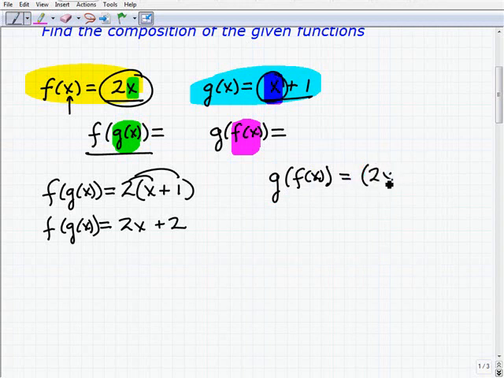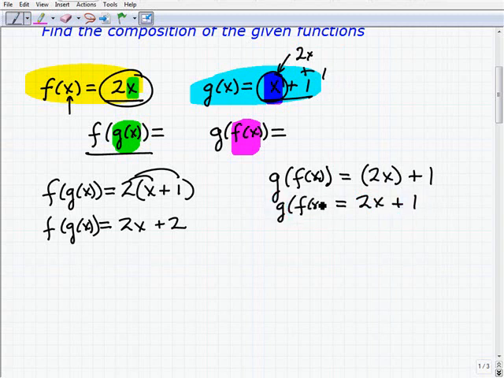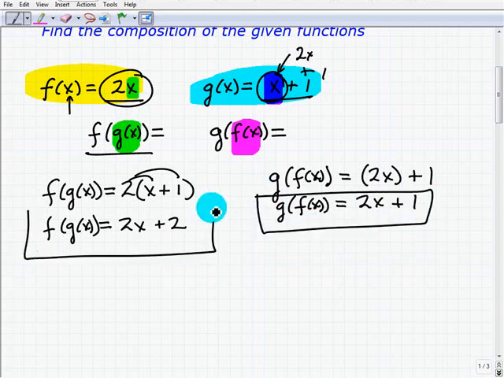So that's going to be 2x plus 1. This is where you plugged in the f of x function, which is 2x, but then you have to add 1 to it. Simplifying, we get 2x plus 1. So g of f of x is equal to 2x plus 1, and f of g of x is equal to 2x plus 2.